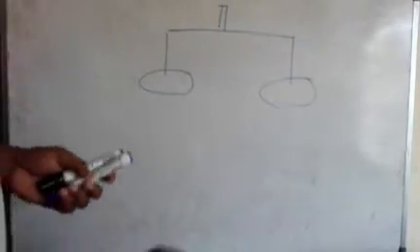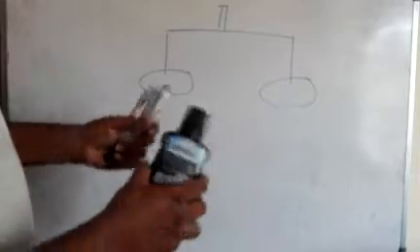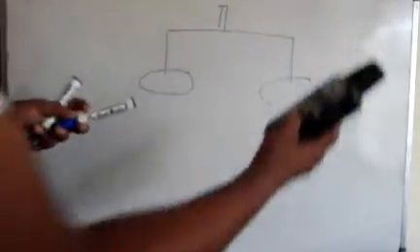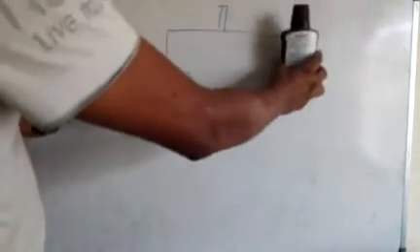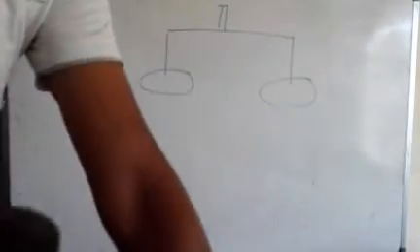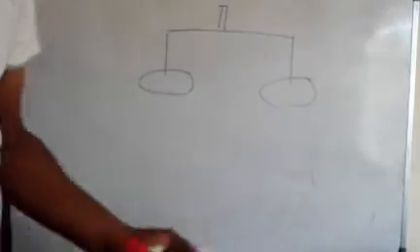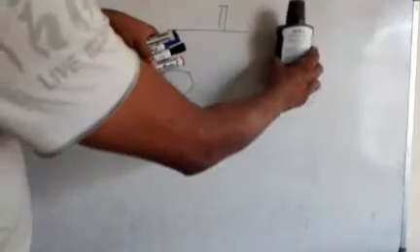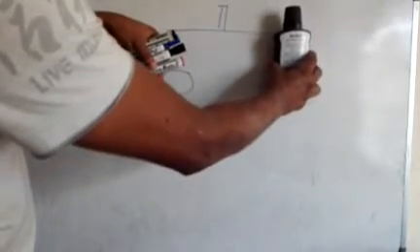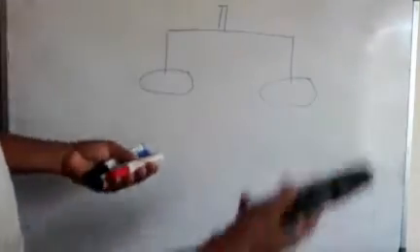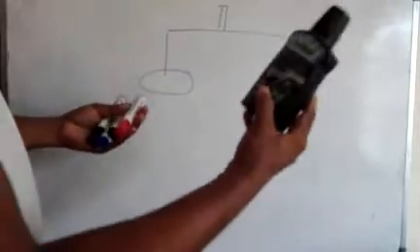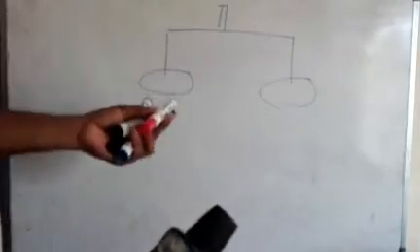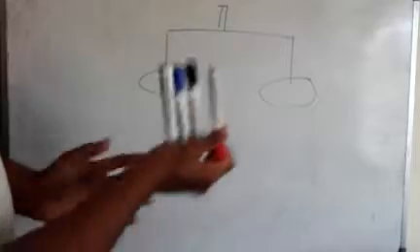If I want to measure the mass of the bottle, I can put it here and say that I need 4 pens to balance it, so I can call the relative mass of the bottle, relative to the pens, 4.